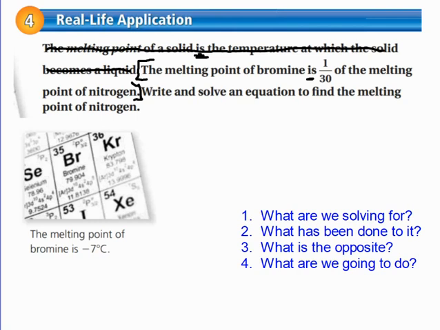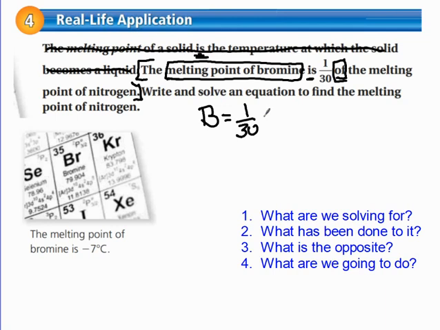When it says the melting point of bromine, we're just going to call that B. Is equals, and then it says 1/30 of, do you remember what of means? Of means times the melting point of nitrogen. Let's call that one N. So now we have an equation.